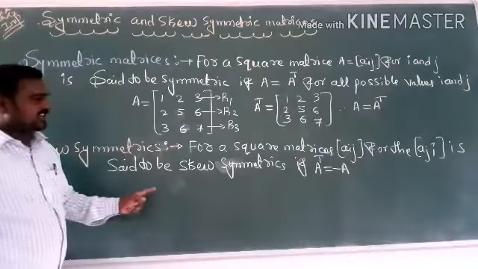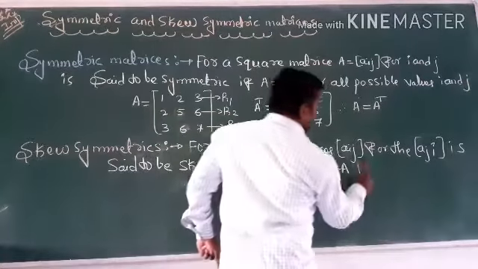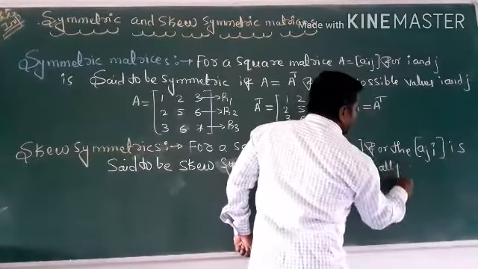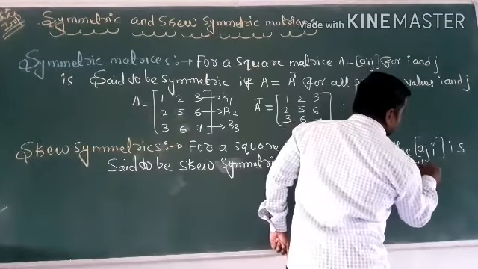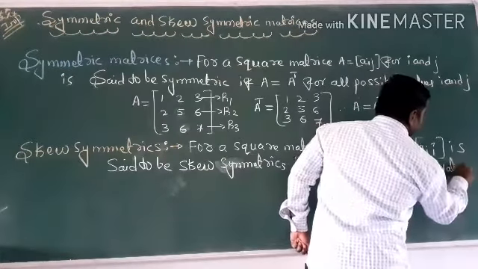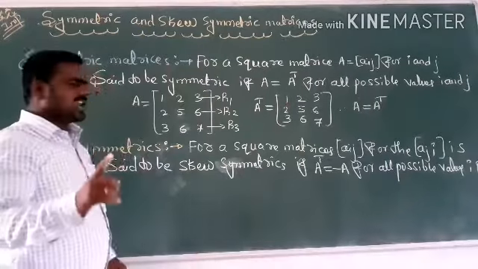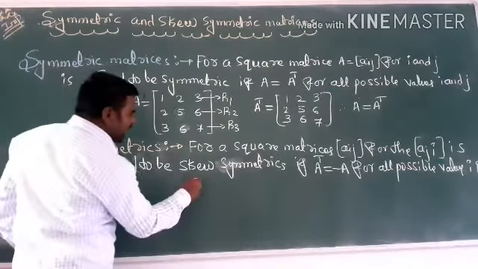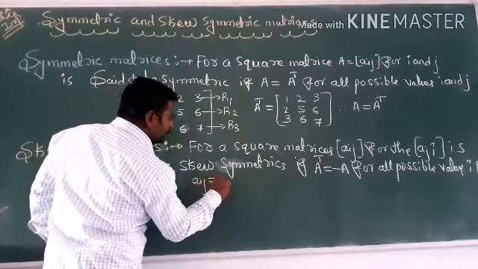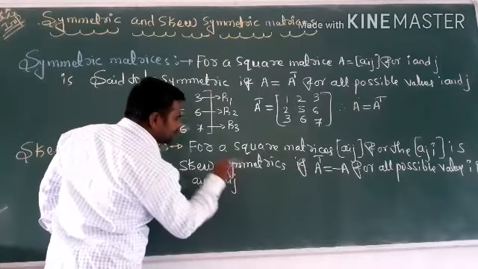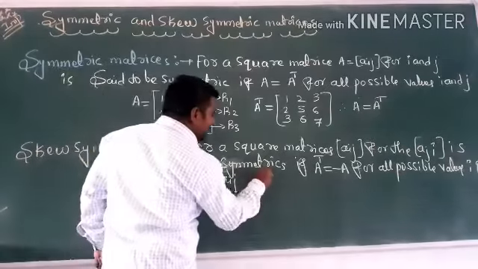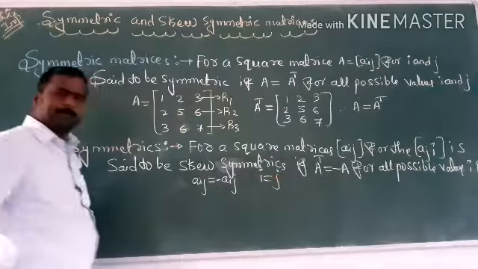So this is called skew symmetric for all possible values of i and j.